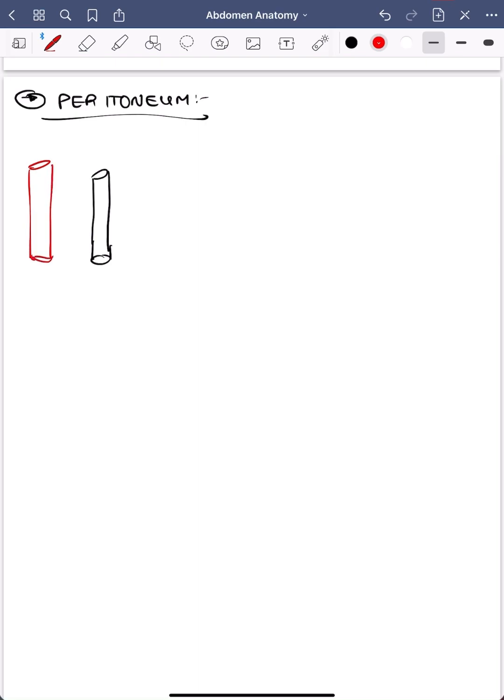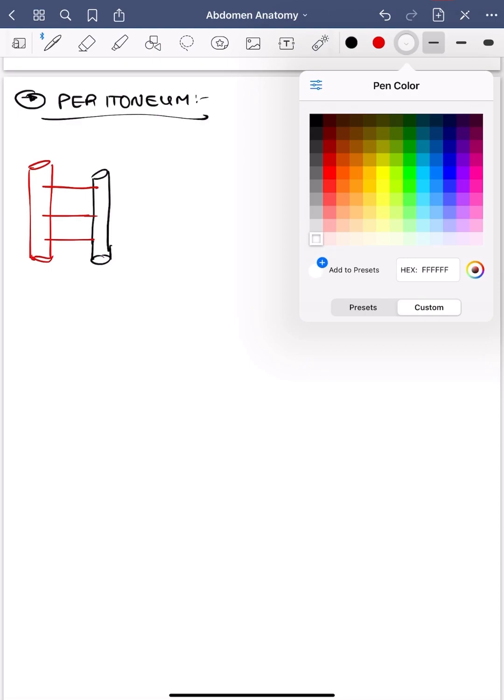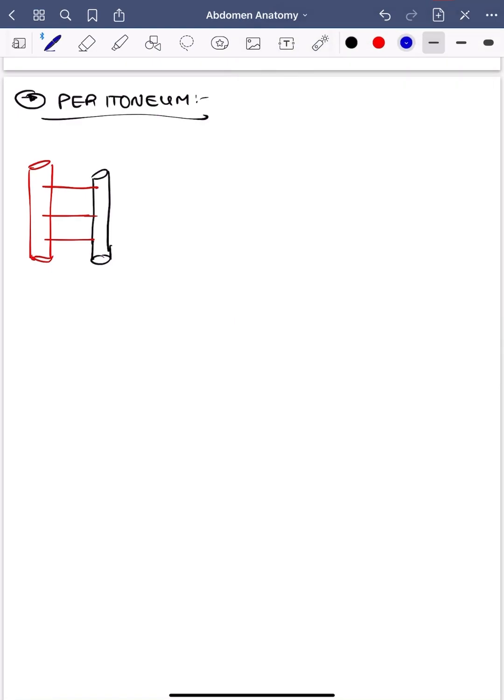The celiac artery, superior mesenteric artery, and the inferior mesenteric artery. Now as the embryo develops, the peritoneum is a structure like this, and what happens is the gut tube gets pushed into the peritoneum, but it retains its arterial or vascular supply.